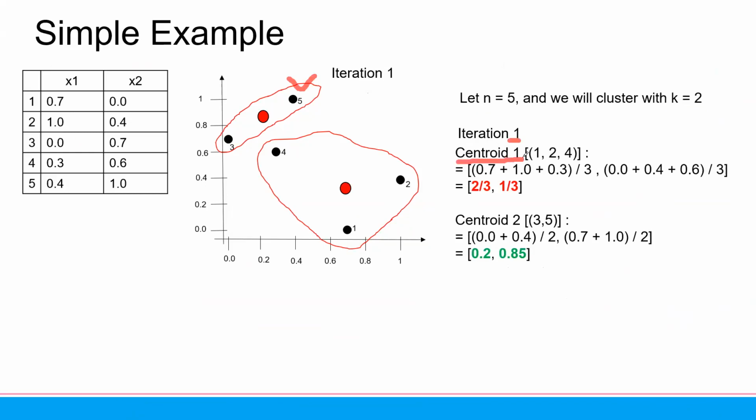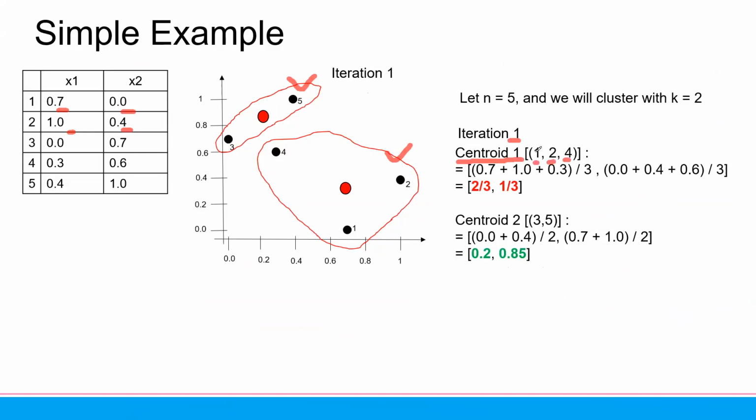The centroid means the center point. So how can we get the center point? Centroid 1 covers objects 1, 2 and 4.